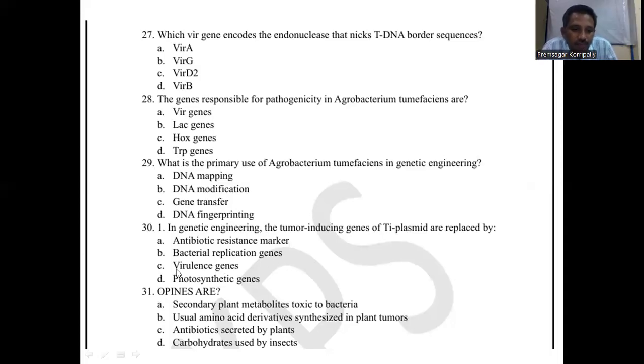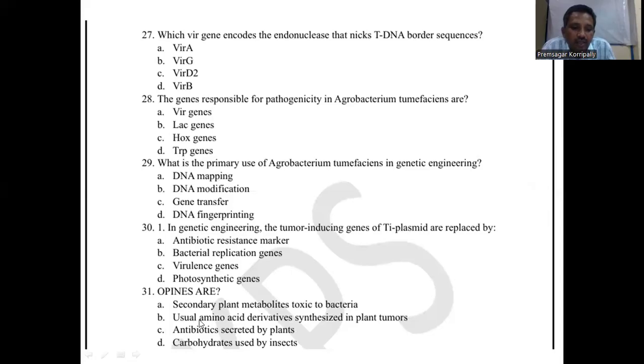Opines are secondary plant metabolites toxic to bacteria; unusual amino acid derivatives synthesized in plant tumors; antibiotics secreted by the plants; or D, carbohydrates used by insects.